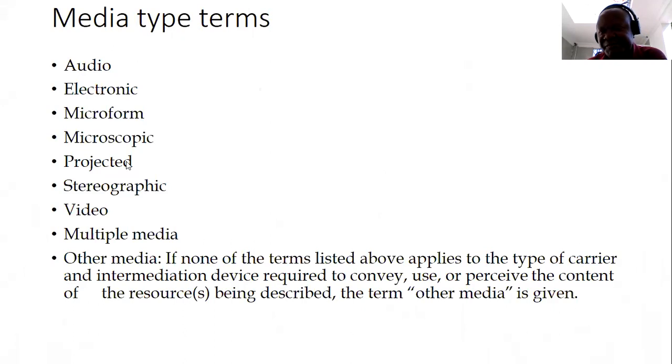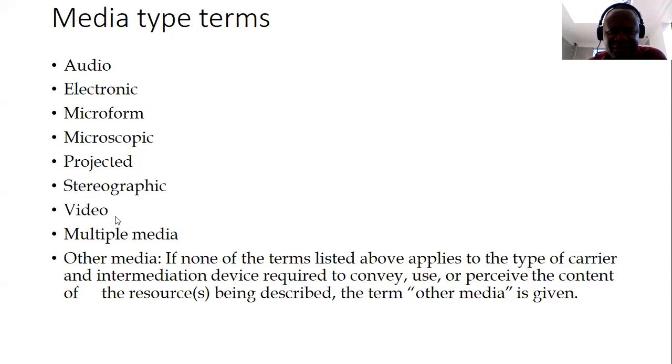If someone was cataloging the presentations that I've uploaded in Munimuere, now you can see you are supposed to give the media type as projected. But you also notice that video also applies. So there we already have two terms that we can use.